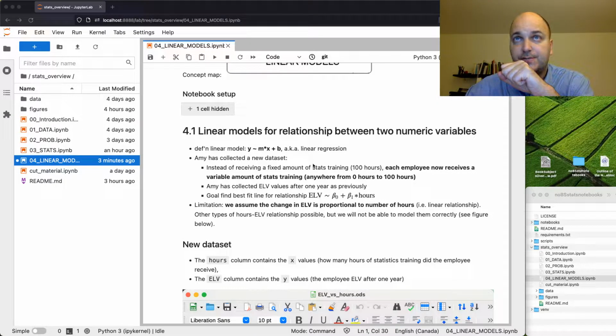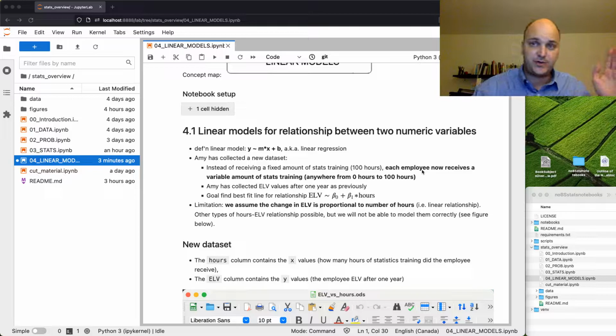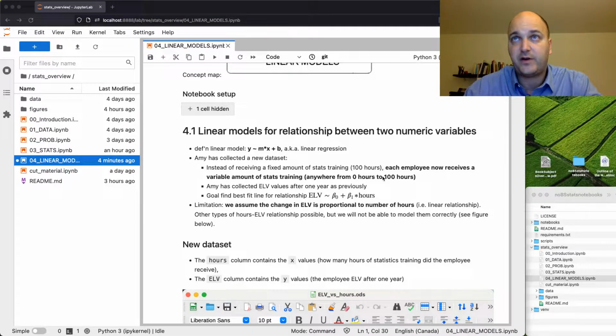In that context, we're going to analyze the following situation. In the previous videos, we had off or on. So either you did 100 hours of statistics or no statistics at all. But now we have a new data set where we have a variable amount of statistics, measured in hours, somewhere between 0 and 100.